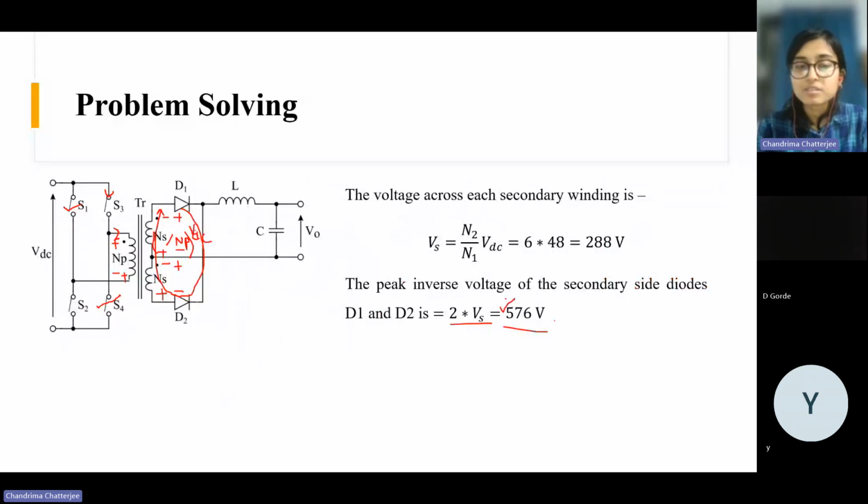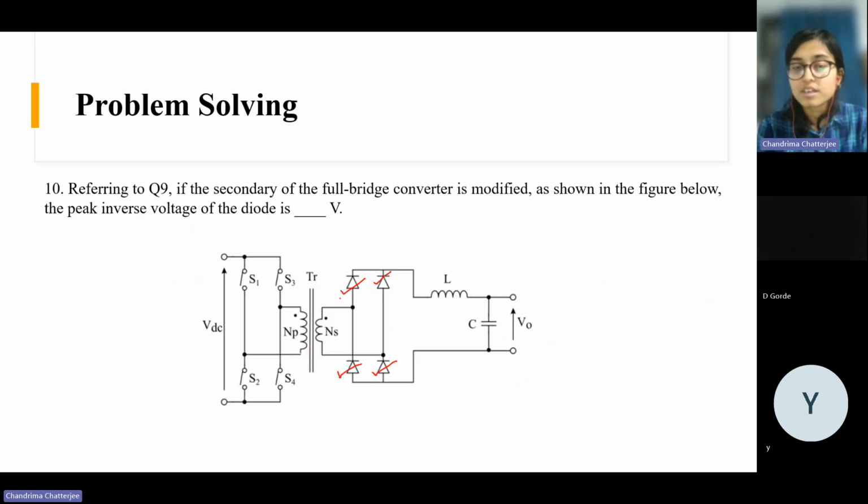So for center tap configuration, the diode PIV rating will have to be twice compared to this case. Here the diode PIV rating is equal to V secondary, but for center tap it is twice V secondary. Okay.